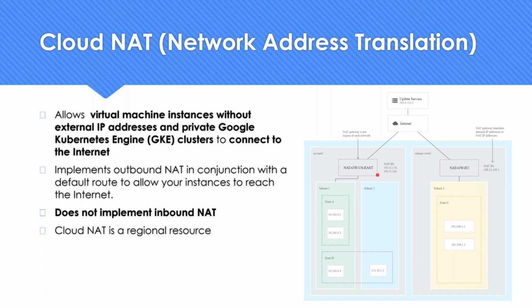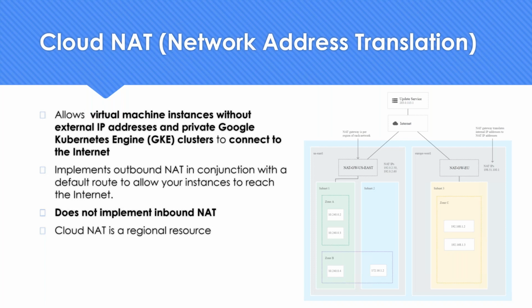Since Cloud NAT is a regional resource, if you have a VPC with 3 subnetworks, one in Mumbai, one in London, one in US Central, and all the VMs using these subnetworks need access to the internet but cannot have external IP addresses, what you can do is have 3 NATs, one in each region, so that all the VMs can access the internet.